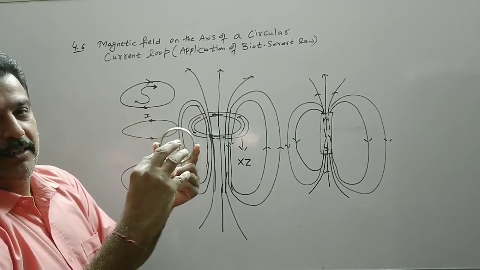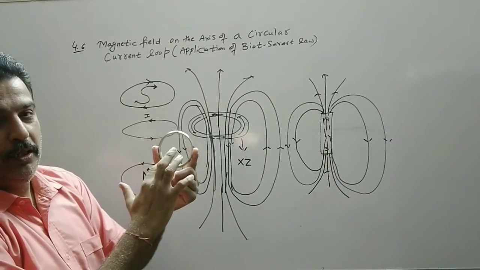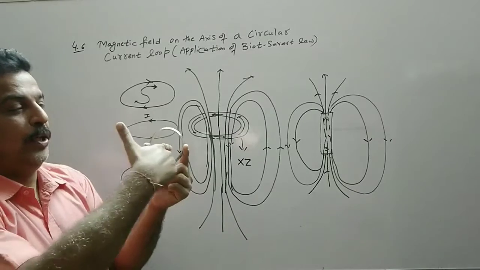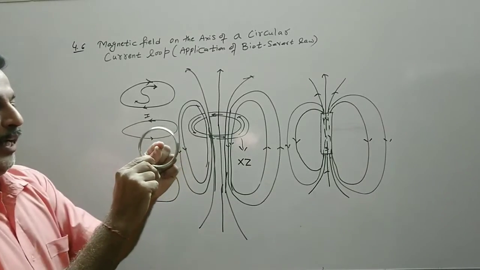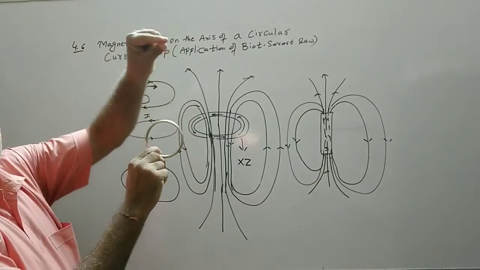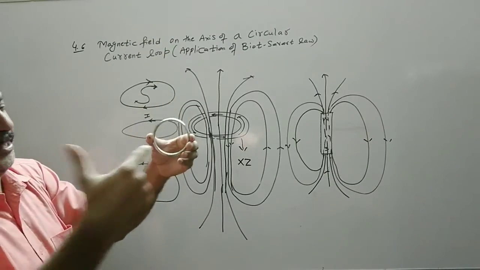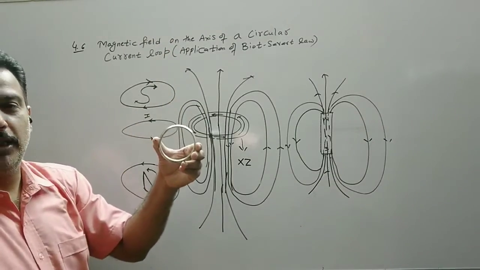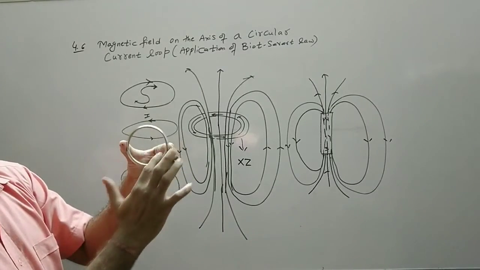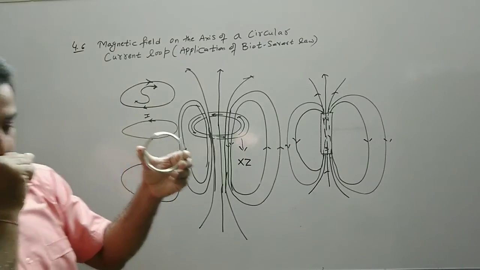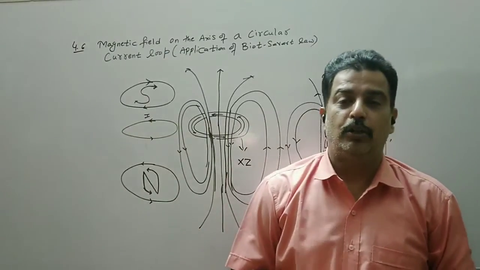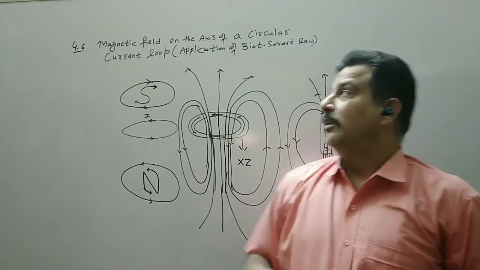From this side it will behave like a south pole. If it behaves like a south pole, the magnetic field lines are going into it. So the field lines will be drawn like this. They originate from this side, come to this side, and from this side go into the plane. So if this ring is in the XY plane, the magnetic field intensity is along the Z axis.